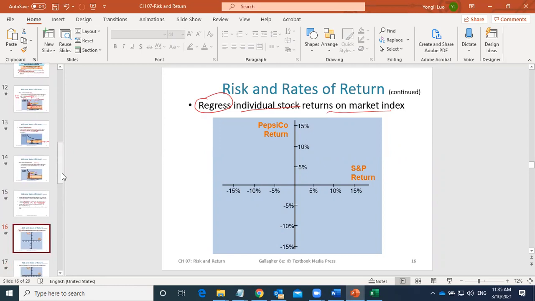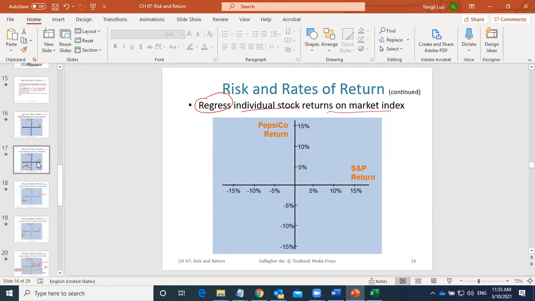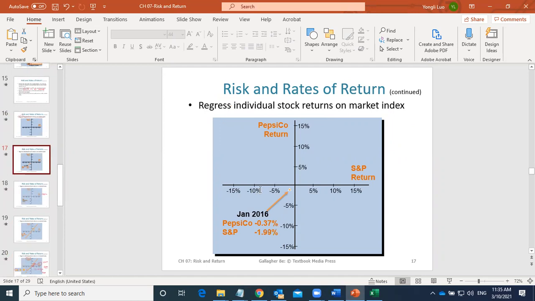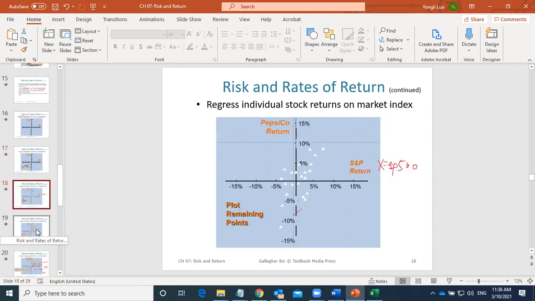So let's say using Pepsi, the return on Pepsi and the return on S&P 500. The return on S&P 500 is your independent variable, and the return on Pepsi is your dependent variable.